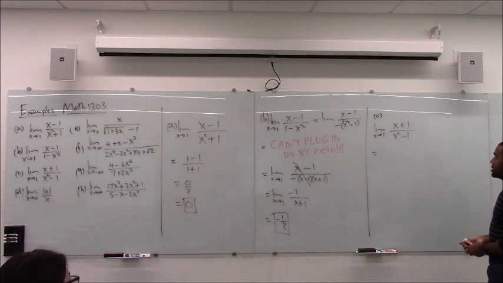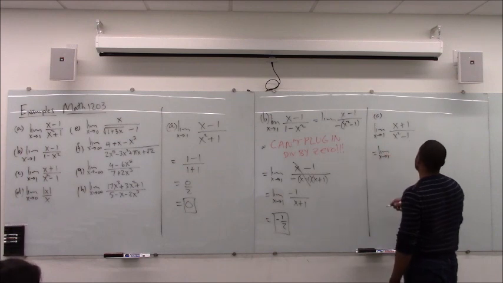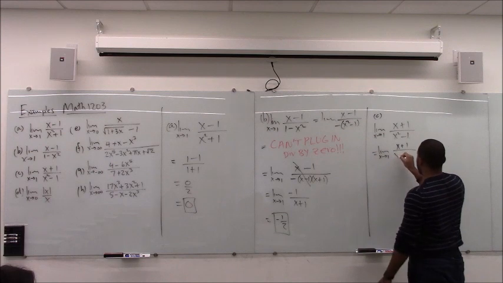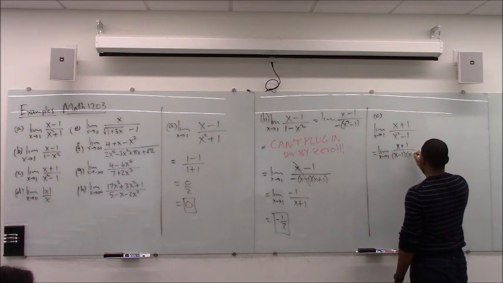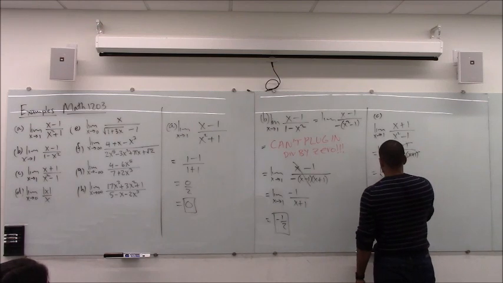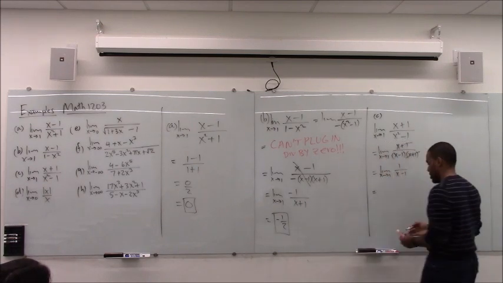So next thing, try to simplify. Does this simplify? Yes. The denominator is the same thing as here, so it's x minus 1 times x plus 1, and yes, we can cancel that. So we end up with, now what?